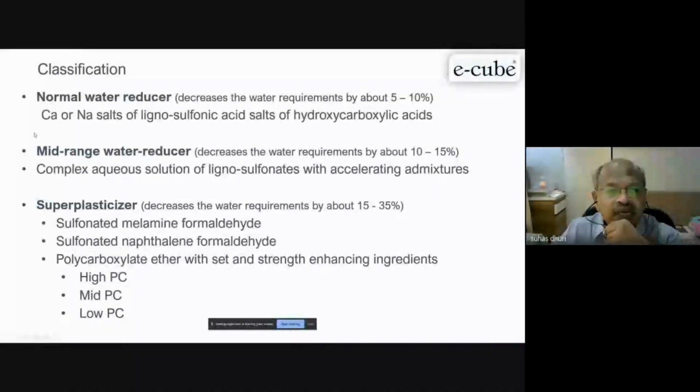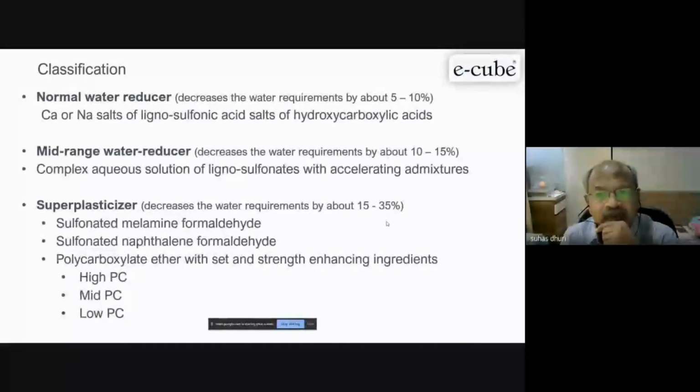Then we have mid-range water reducing agents, around 10 to 15% level. But today, whatever you are using, all are super plasticizers in the range of 15 to 30% water reduction level.